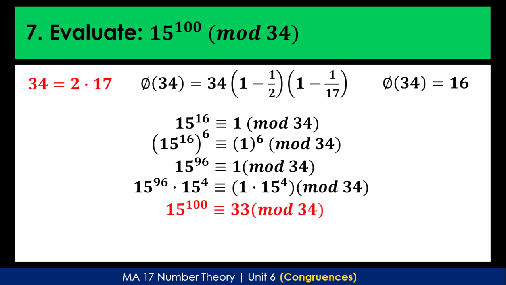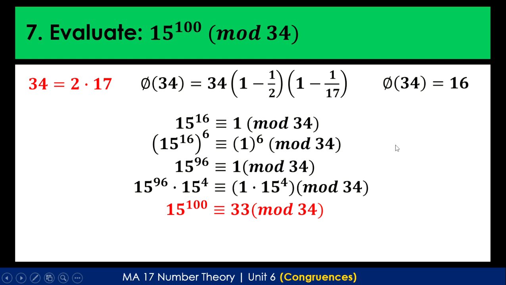So again, 15 raised to 4 is 50,625, and if we divide that by 34, we obtain the remainder of 33. Therefore, 15 raised to 100 is congruent to 33 modulo 34.